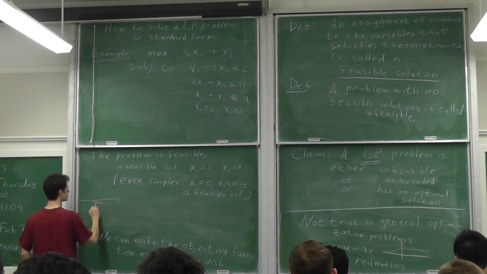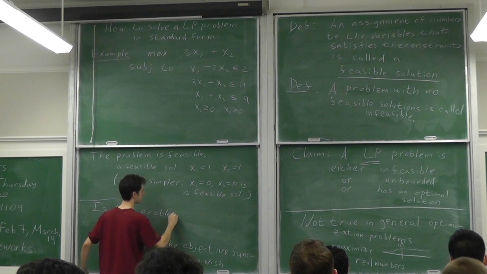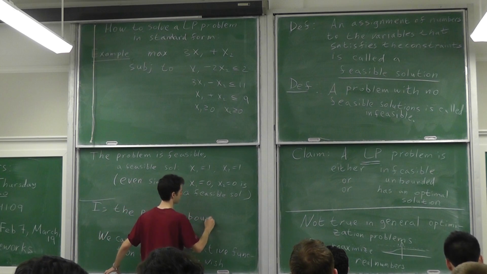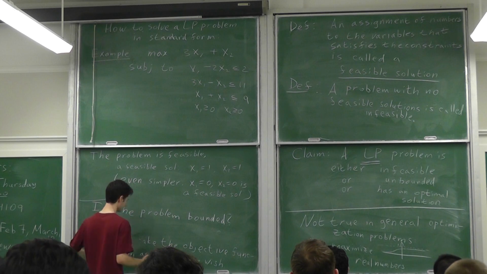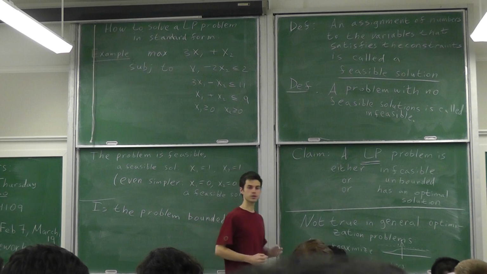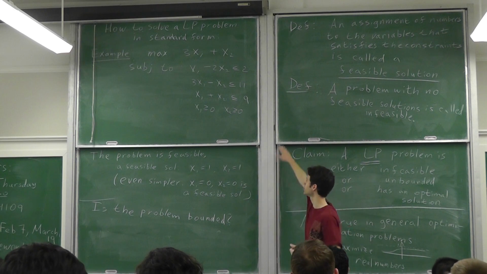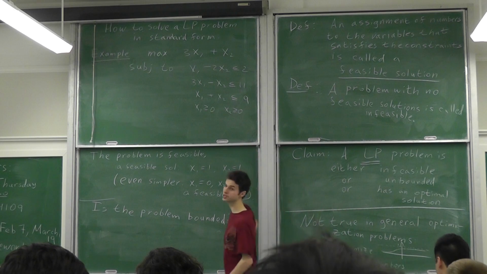Next is the problem of boundedness. Is there a chance that I can make 3x1 plus x2 as large as I wish, subject to these constraints?